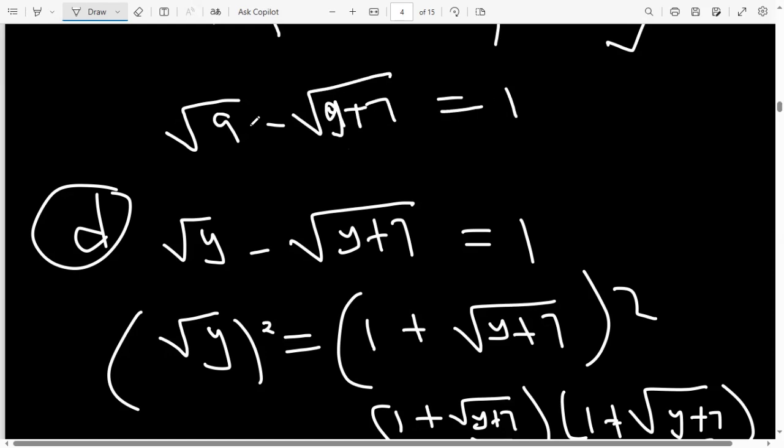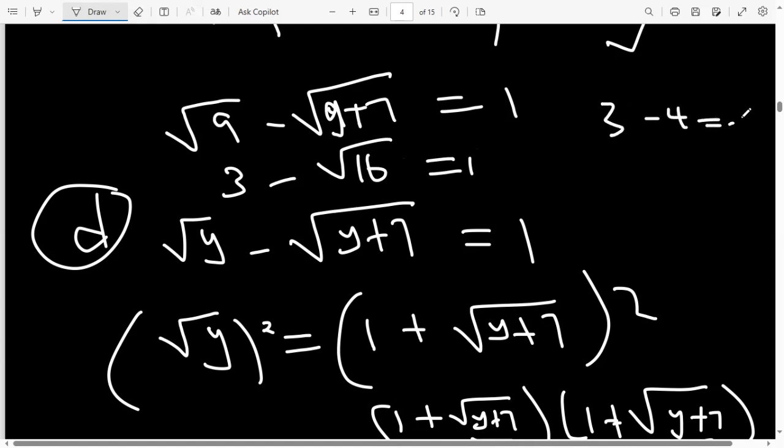Okay, so this one here, it means it's going to be 3 minus the square root of 9 plus 7. I mean, this will be 16, because 9 plus 7 will be 16. Okay, it doesn't change. So the square root of this 16 is 4. So you have 3 minus 4, which is equal to minus 1.